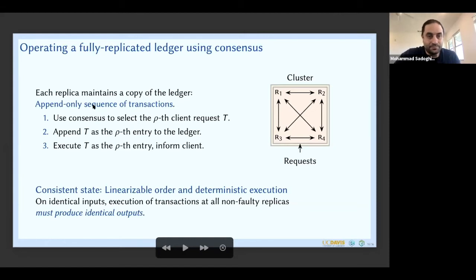So again, in consensus, we operate in the notion of rounds. In every round, a client submits a transaction. That transaction is added to that round, and then it's executed, and then the client gets informed.